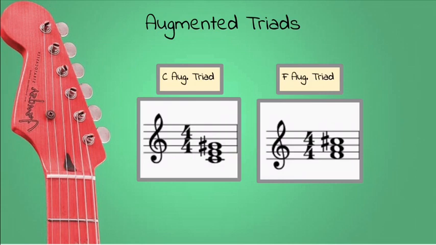These two examples are the C augmented and F augmented triads. The symbol for augmented is a plus sign. Also, augmented triads are two major thirds stacked on top of each other.